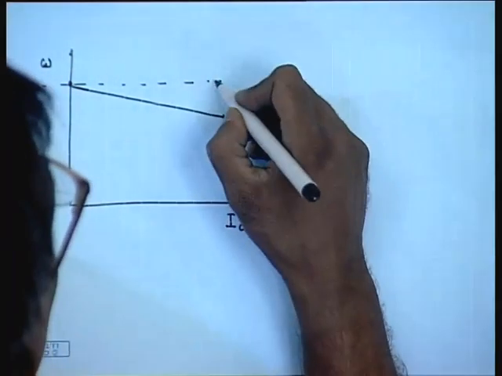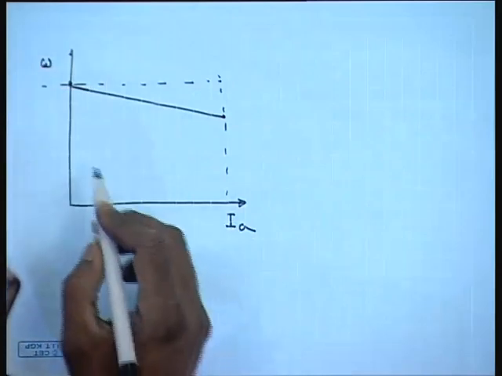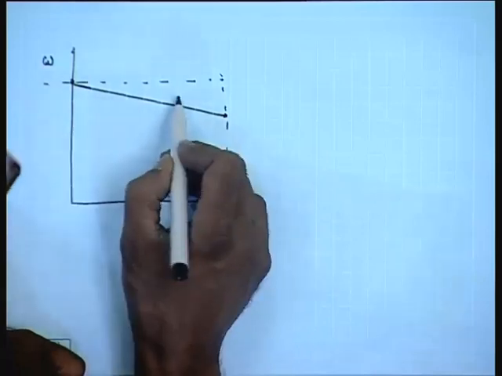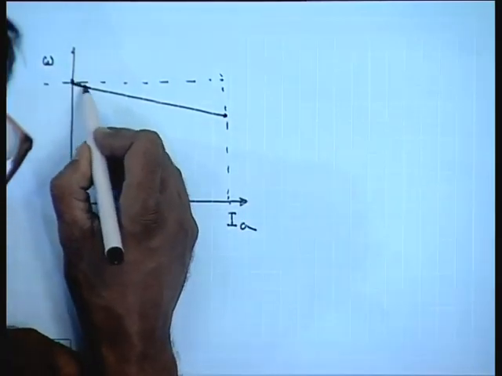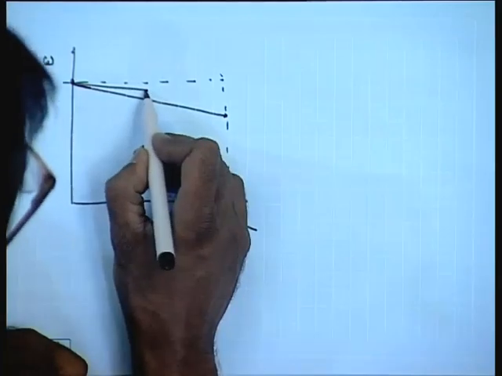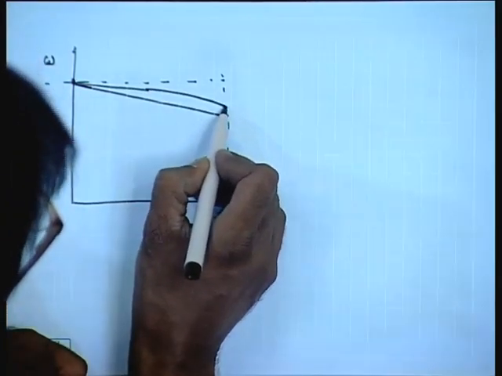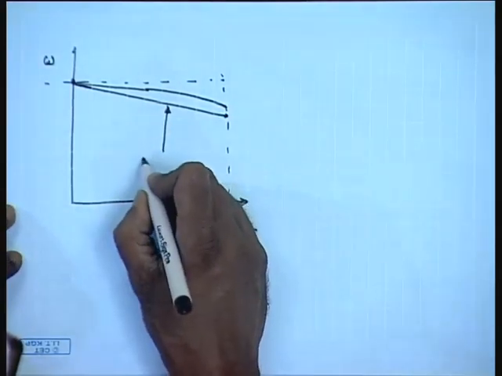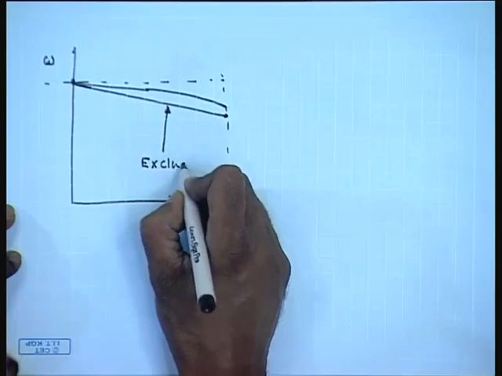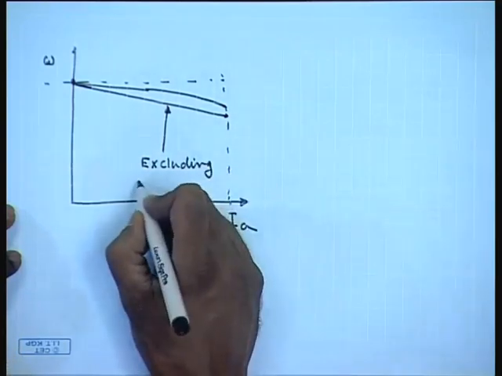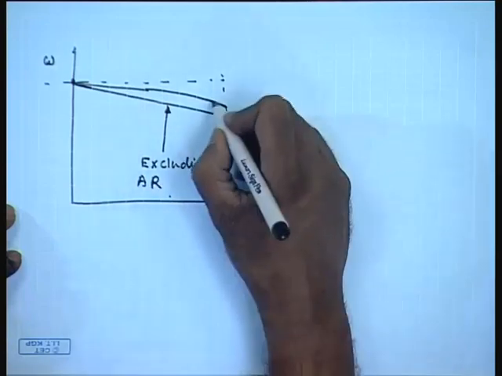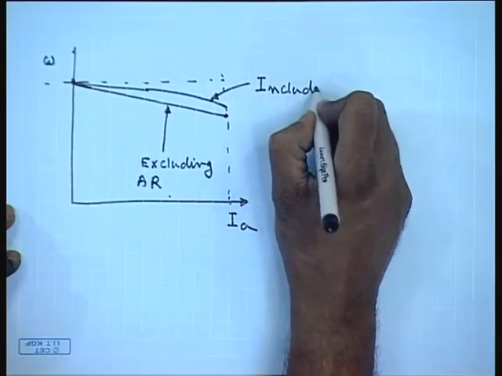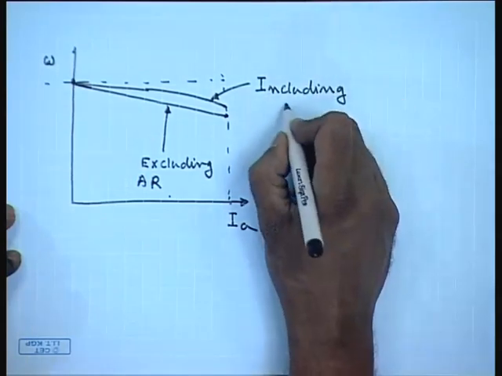But if we include armature reaction, then what happens is that for a given current the speed does not drop as much, it is above this and somewhat nonlinear. This is excluding armature reaction. This is including armature reaction.